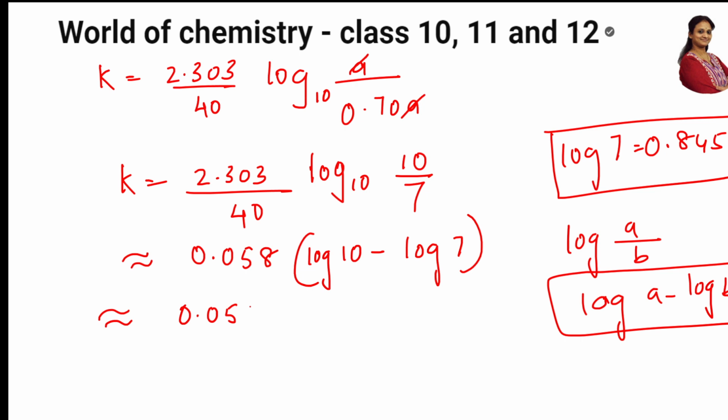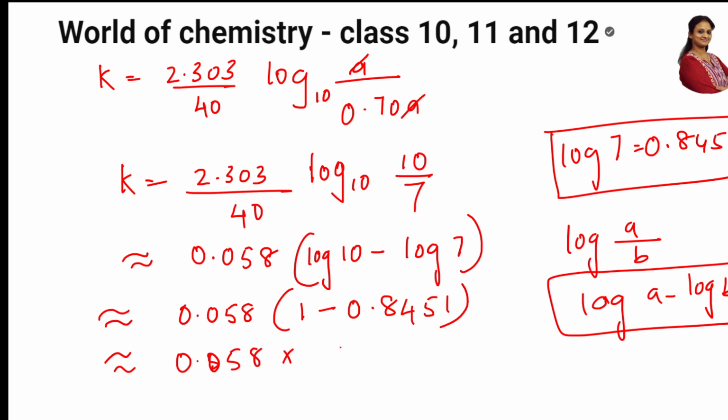Approximately 0.058. Log 10 is how much? 1. Log 7 is how much? 0.8451. Done. So approximately, when I multiplied, I got an answer of almost 0.155. So both of them you multiply. When I multiplied, I got almost 0.00898.